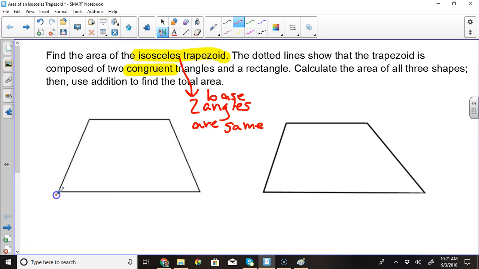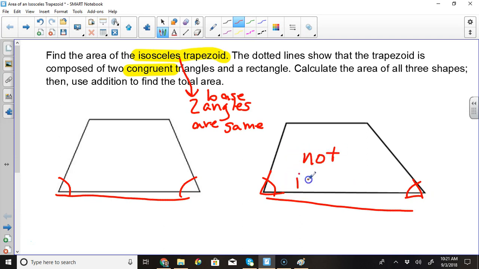So if I look at the base of both of these shapes here, I see that this angle and this angle, they look approximately the same, whereas this angle here and this angle here are not the same. This one on the left is a little bit bigger than this one on the right. So this shape would not be isosceles.